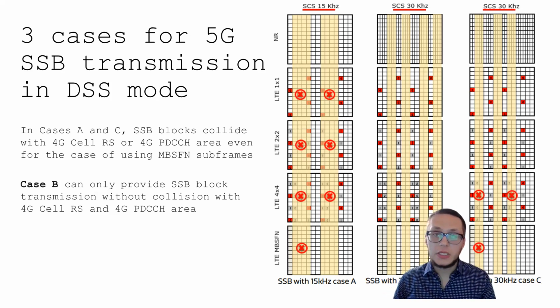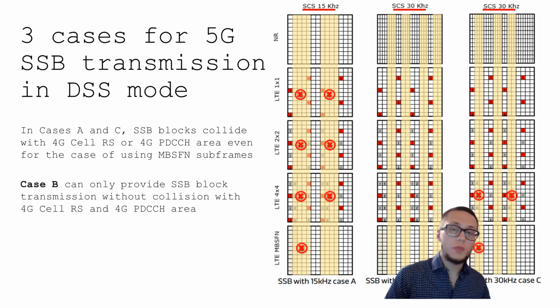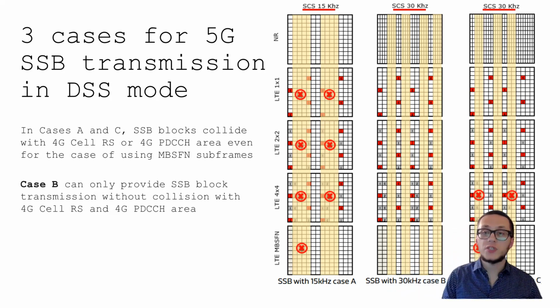We will talk about it later as well. Probably the one possible option is transmission of the SSB block for case B, starting transmission from symbol number 4.